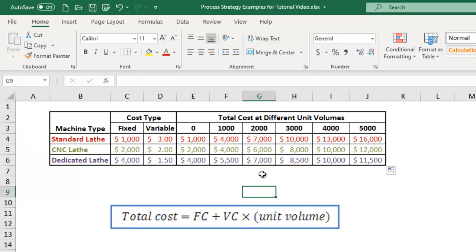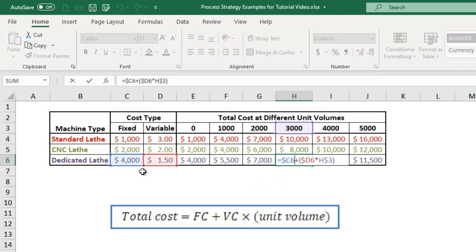We have the costs filled out for each of these options, and you'll notice if I click on the dedicated lathe with a volume of 3,000, it's still referencing the proper fixed cost and variable cost from columns C and D respectively, and it also retained the unit volume from row 3 because again we have the $ sign in front of row 3.